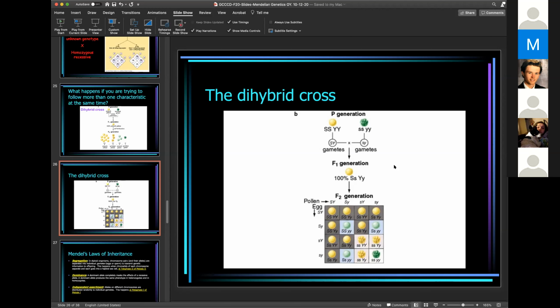But because we're looking at two different traits does not mean we're looking at polygenetic inheritance. We're simply looking at two different traits that are each controlled by a single allele. For instance, color is controlled by one gene, and wrinkled or smooth is controlled by another gene. But putting those two together does not make it polygenetic inheritance. Does that clarify what you were asking?